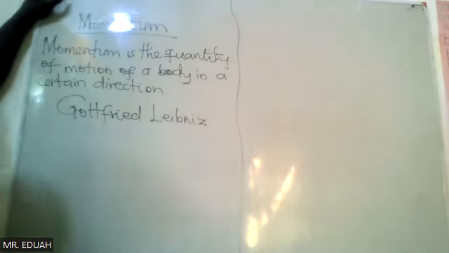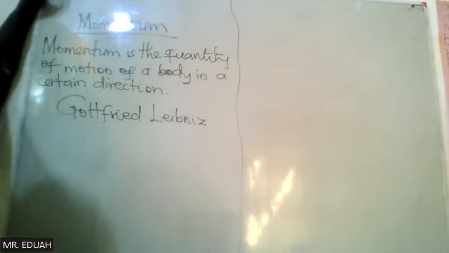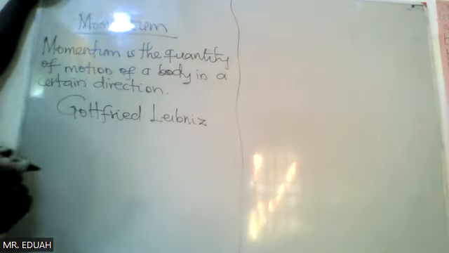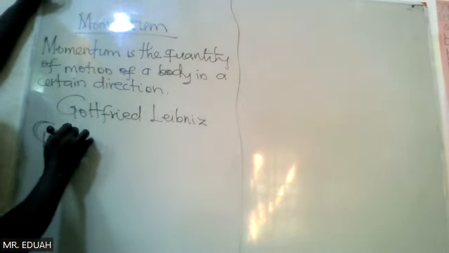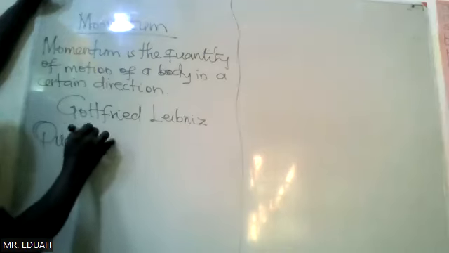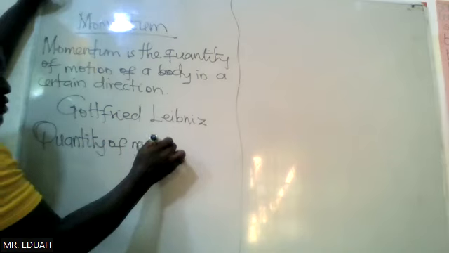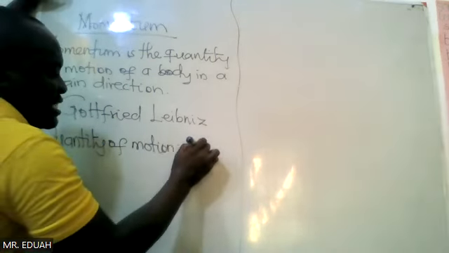Gottfried was trying to quantify the amount of motion of a body. This quantity of motion, he initially termed as progress.